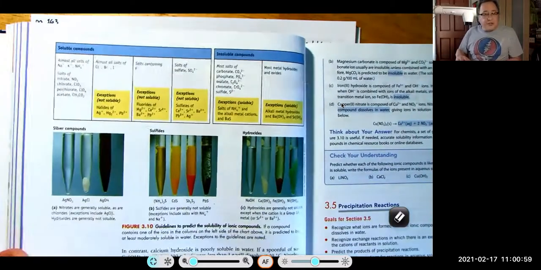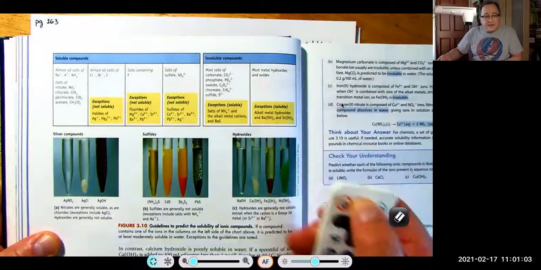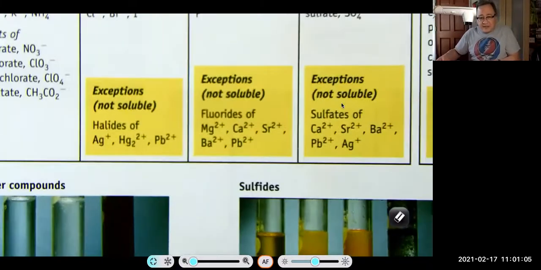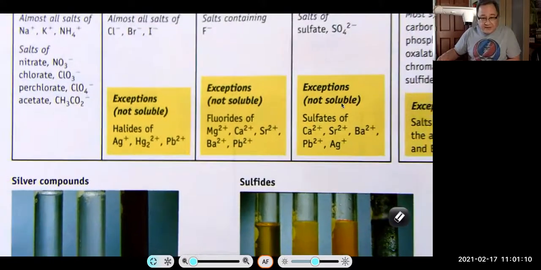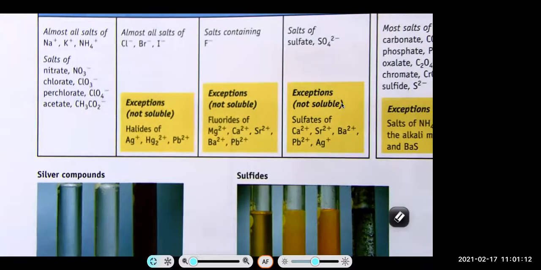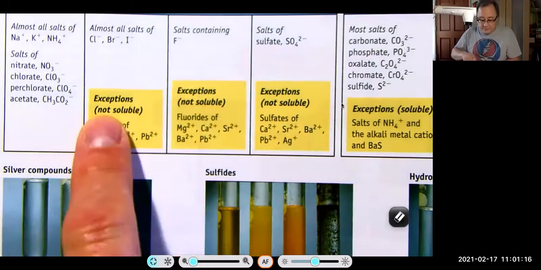I'm going to zoom in on this just a little bit and we'll look at some of this, but we won't be able to look at this and the problem simultaneously. That's okay. I have it written down. Okay, so these are the things that are soluble.